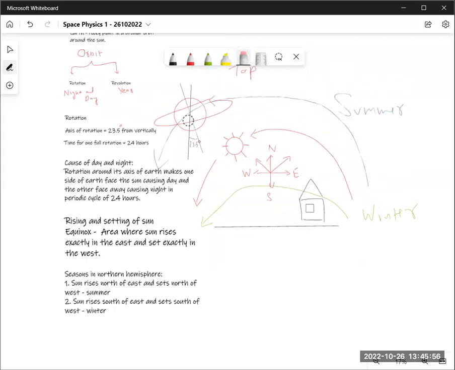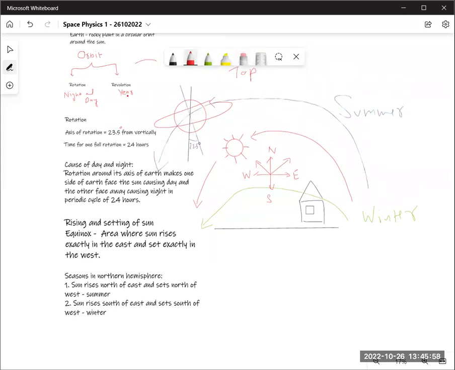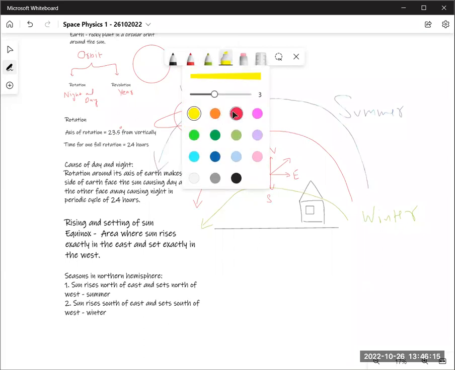Now, this rotation doesn't change, but with respect to the sun, let's say the sun is right here, this area is usually more away from the sun, or let's say the area below. This one, the area on top, is directly towards the sun.